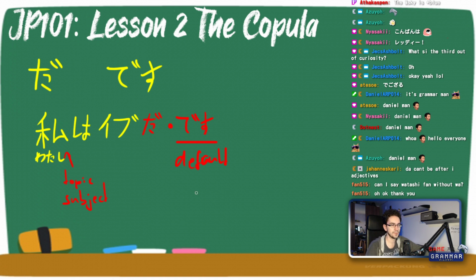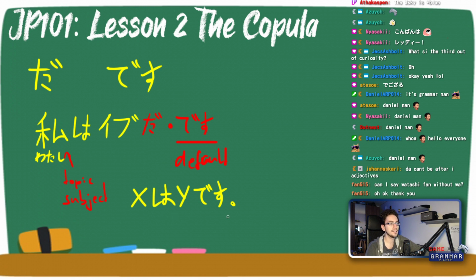So this is the simple structure, the basic structure. To make that more general, we can now formulate any sentence: x wa y, desu or da, okay? So we can now form any sentence, and yes, this is a completed sentence, by the way. We can now form any kind of sentence of this structure.